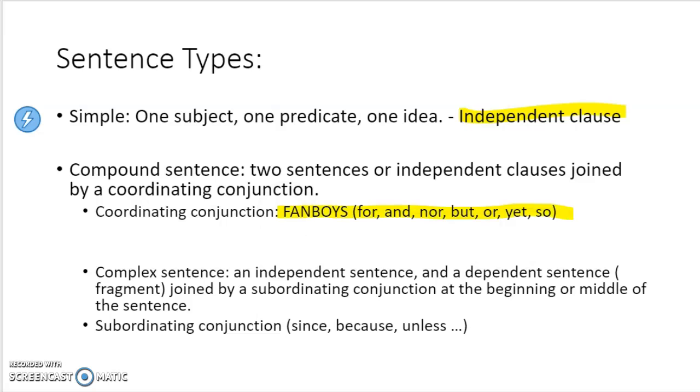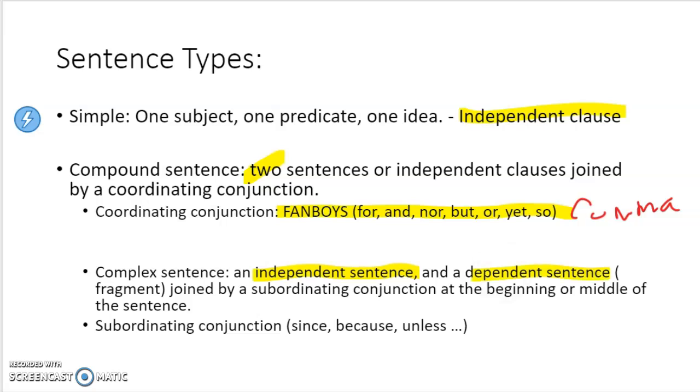So if you see these, it's going to be a compound sentence with two ideas put together. Sometimes in here there are commas, other times there might not be a comma. So just look for these FANBOYS. And then a complex sentence is an independent clause, once again our complete sentence, with a dependent clause. A dependent clause is a sentence fragment.